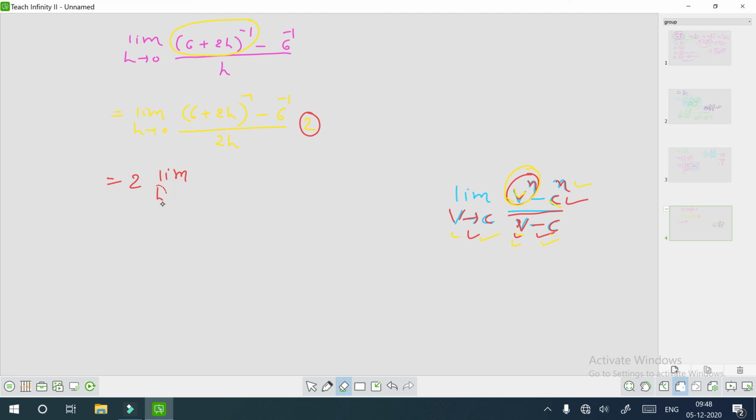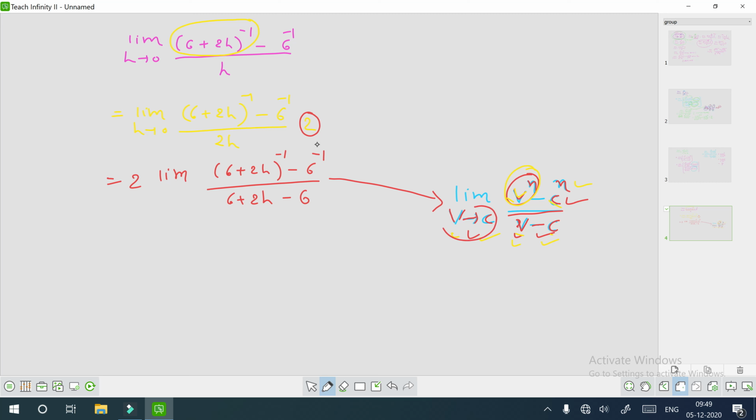Limit, variable raised to n minus constant raised to n over, what we need? We need variable minus constant. So add 6 and subtract 6. Now it is of this form, variable raised to n minus constant raised to n. What do we need to arrange?